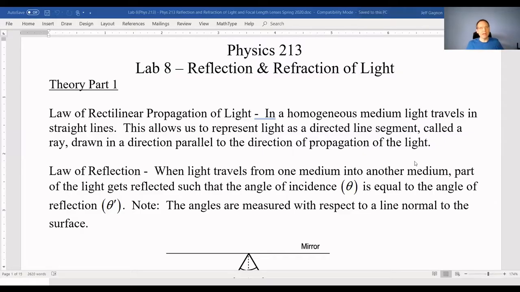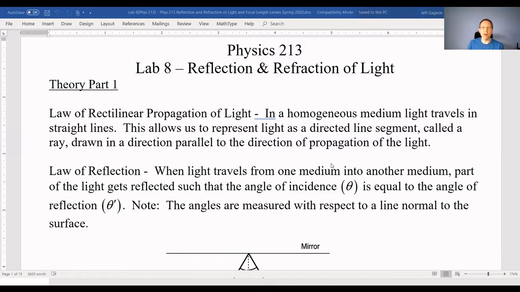Okay, so here's the handout for Lab 8, and again, it's on reflection and refraction of light. For Part 1, we're going to look at how light is reflected off of flat mirrors, which are called plane mirrors.